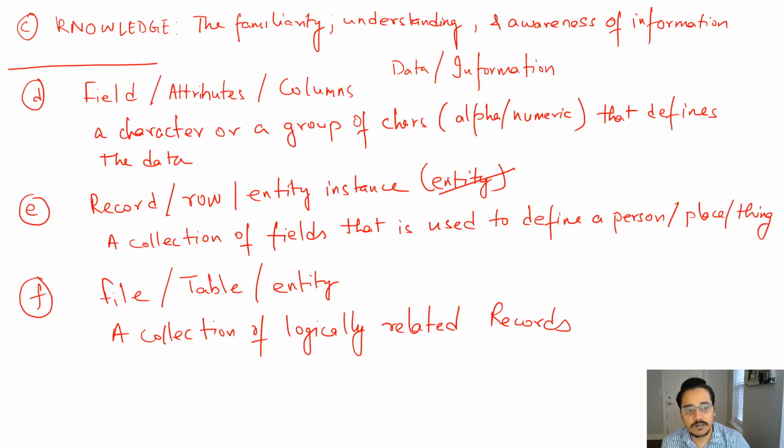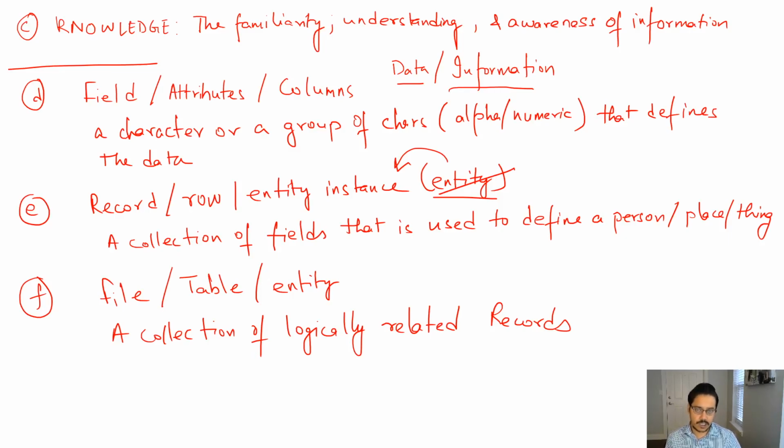So again, with respect to the idea that we talked about here, that sometimes entity gets interchangeably used in place of entity instance, later on you will also see that the distinction between the actual meaning of data and information gets muddied as well, and starts to be used a bit interchangeably. So again, keep in mind as a note that for now we will stick to the distinction that these terms provide.